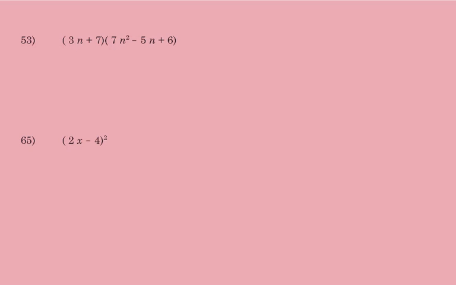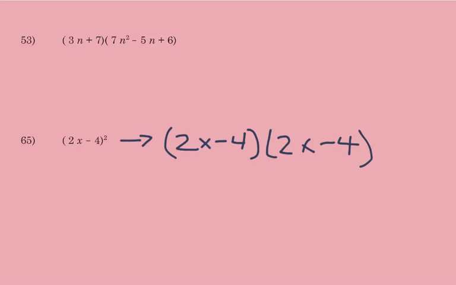Remember, for something like 65, just rewrite that. And we can do 53, should be the last kind of different type of problem.